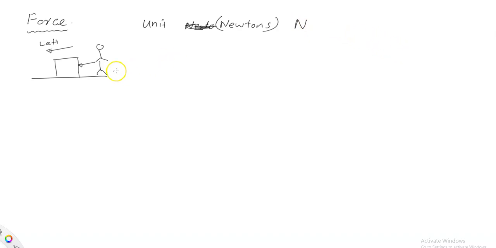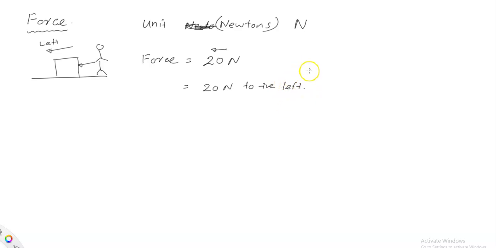So for example, in this case where you are trying to push this object, we can say you are applying a force equal to 20 newtons, and it's important to give the direction. In this case 20 newtons, you can either put an arrow like this to indicate the direction, or you can say 20 newtons to the left, right?